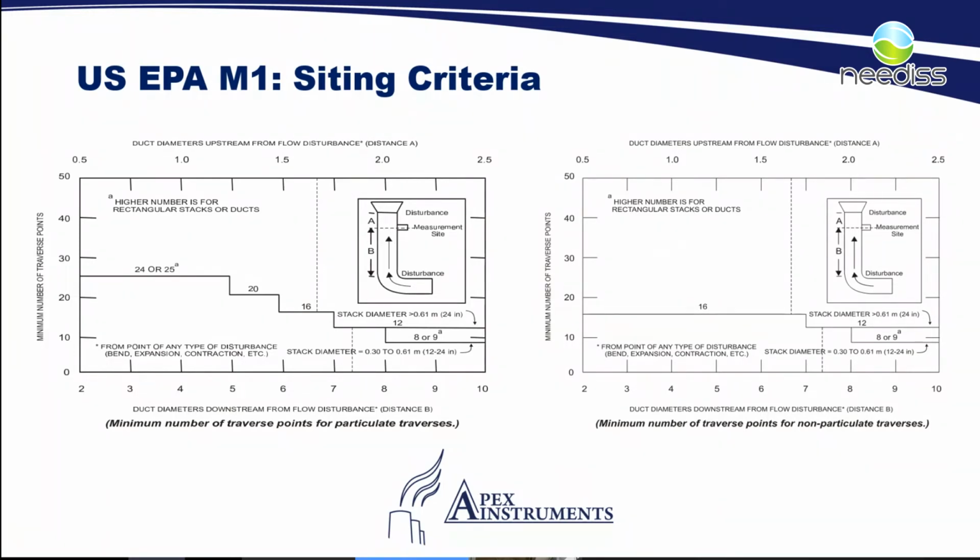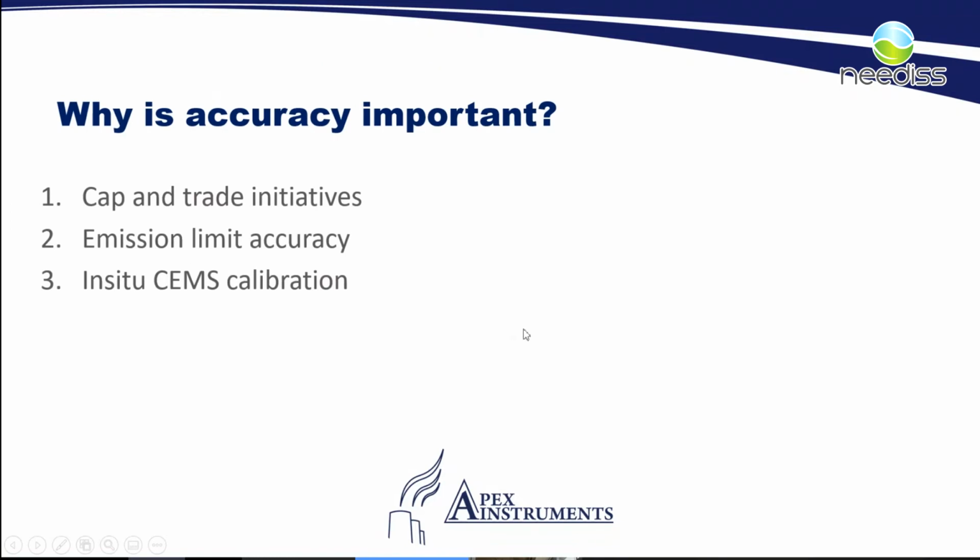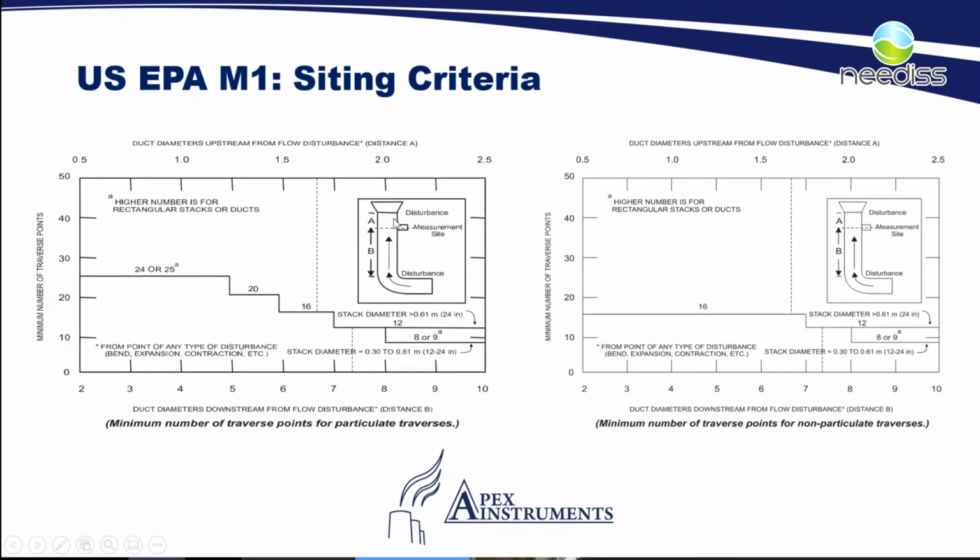US EPA Method 1 siting criteria, which states you need to have 8 diameters of the stack upstream, going up, and 2 diameters of the stack coming down, at least from your exit. So let's use an easy round number, say it's a 1 meter stack.